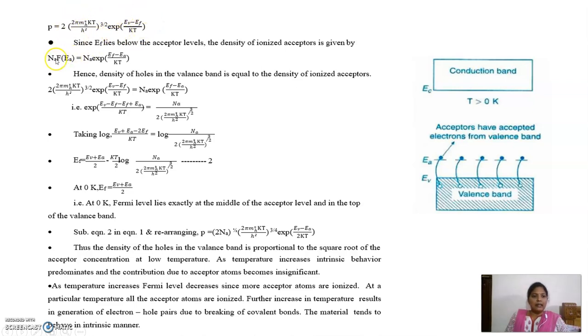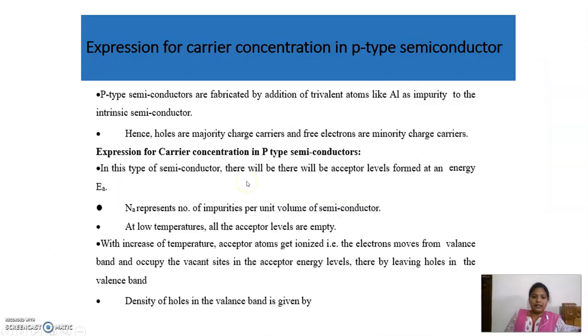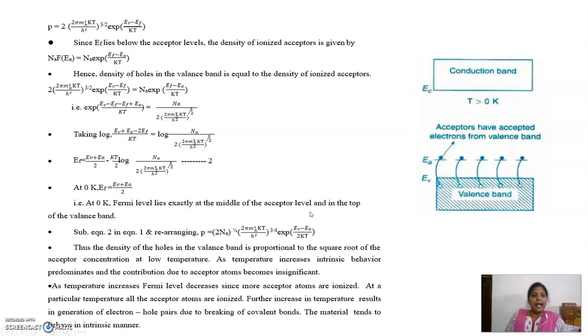Now let us say Na into F of EA. Na is the number of acceptors, the number of impurities present per unit volume, and Fa is the probability of electron occupation.